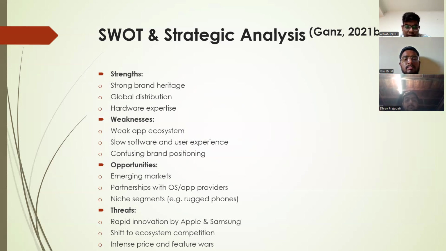While there were clear opportunities, including strategic partnerships and growth in emerging markets, Nokia's strategic misalignment prevented it from fully exploiting them. As a result, despite having resources and opportunities, Nokia failed to adapt its strategy to the changing competitive environment.